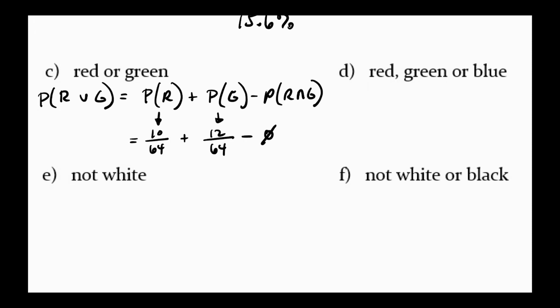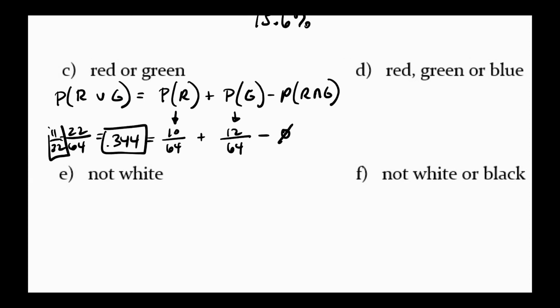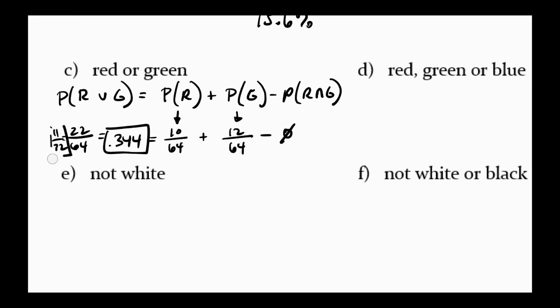So we add them together and we get 22 out of 64, which is the same thing as 0.344. There you go. Yeah, 11 over 32. So yeah, fractions are okay. If you have a fraction, make sure you reduce it, but fractions are okay.